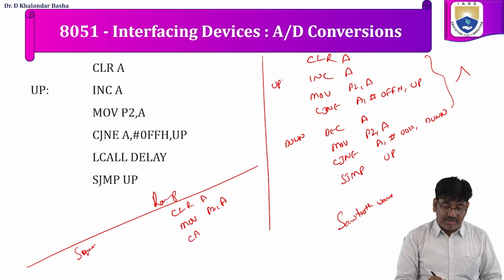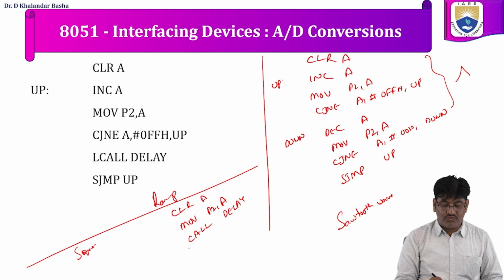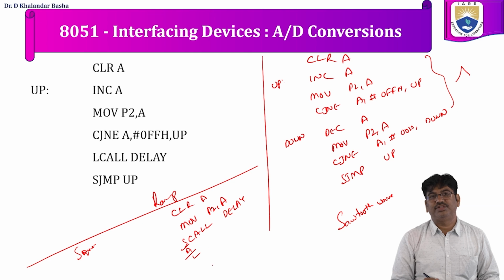Then we'll call delay. So if your delay program is existing within 8-bit range, you can go for using SJMP. If it is 11 bits, AJMP. If it is 16-bit displacement, long jump, anything like that. So wait for some delay.